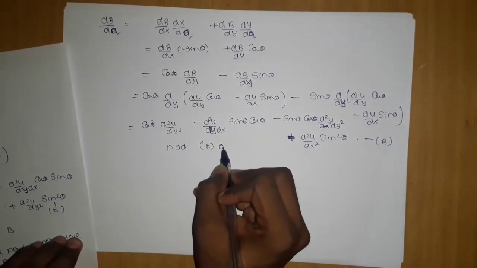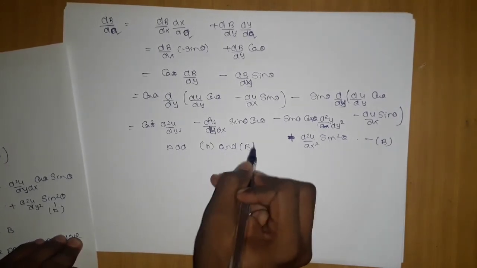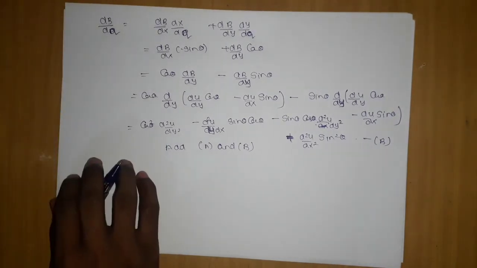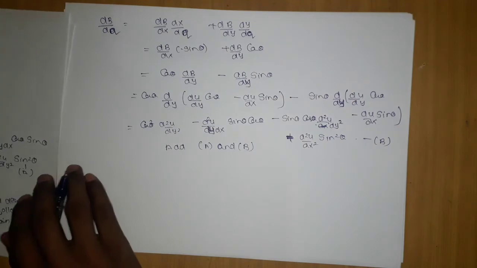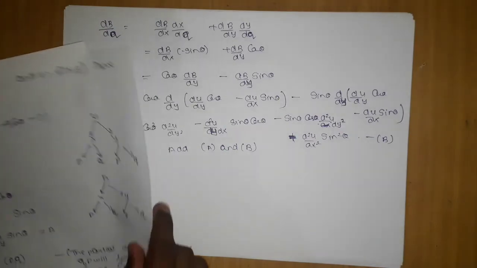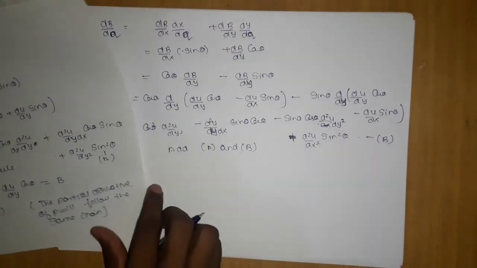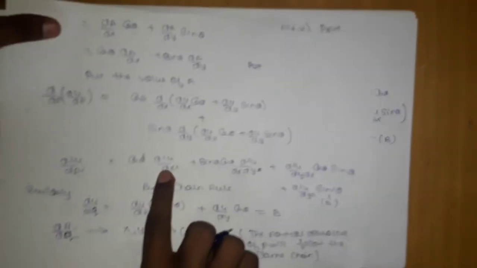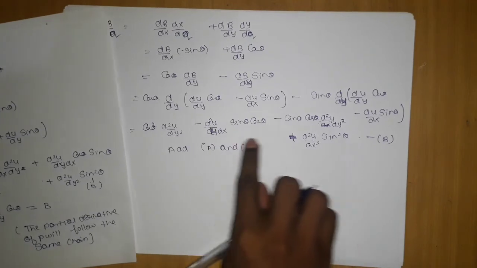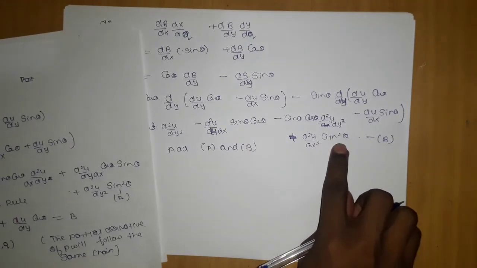a and b. I'm sorry for this writing, okay, because the question is second order, and these questions are a bit more lengthy. So if you observe clearly, if I add a and b, where is my a? Okay, this thing, dou square u by dou x square cos square theta, and here we have dou square u by dou x square sin square theta.